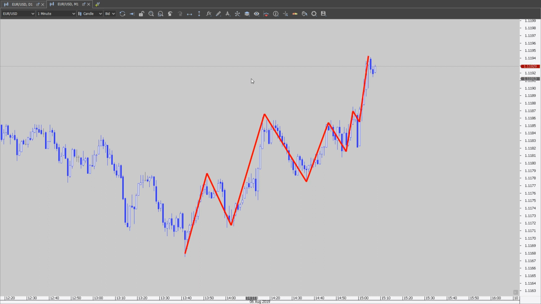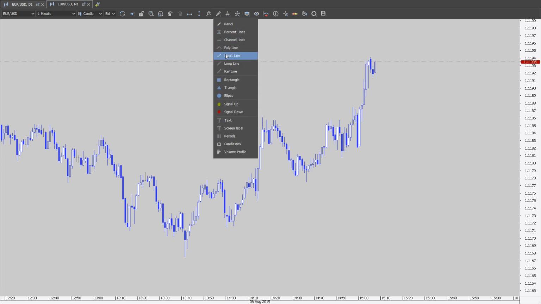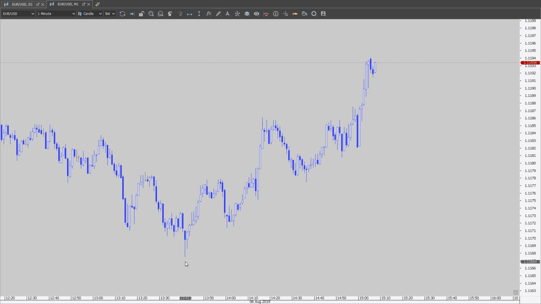So I'm going to draw an uptrend line, and I'm going to start from the lowest low, which is the starting point of the trend. I'm going to stretch it to the right, and move it slowly until my uptrend line connects with the first low.